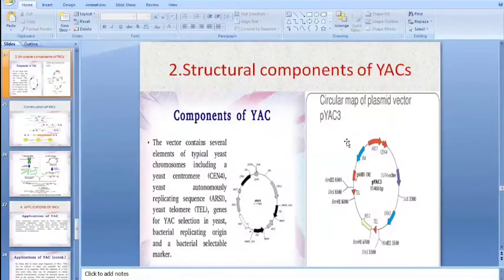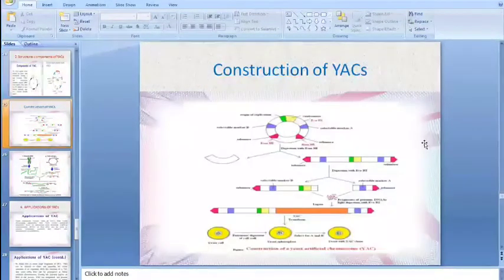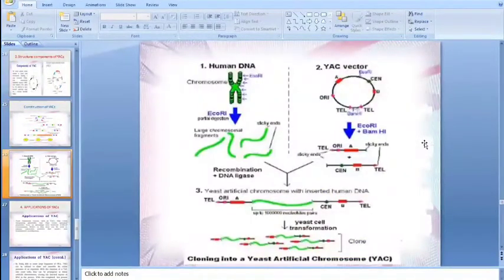And there are other two or three parts derived from the bacterial plasmid. So they are number one, ORI, origin of replication, which is common. Here you can see ORI. This is derived from the bacterial plasmid.